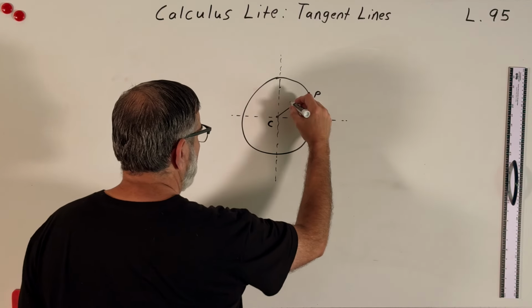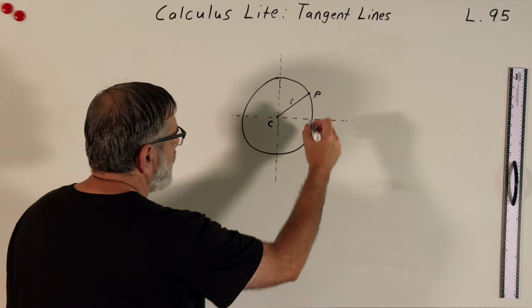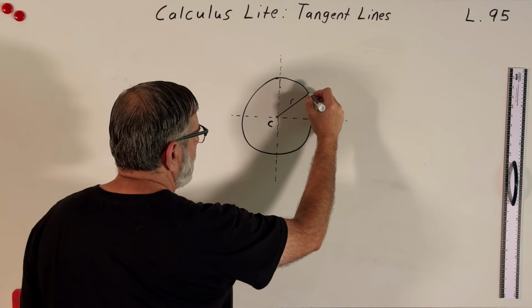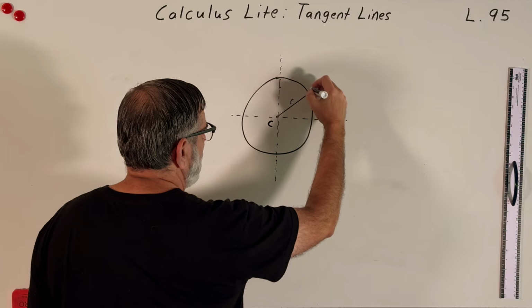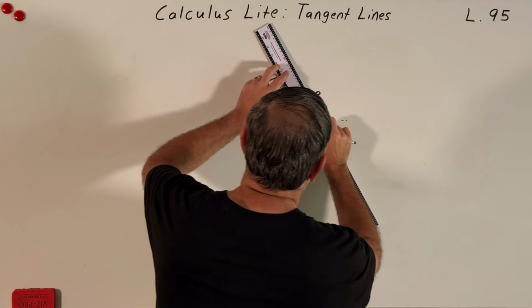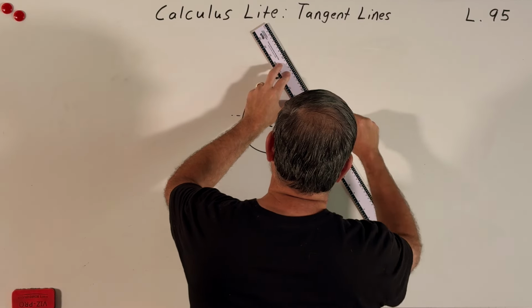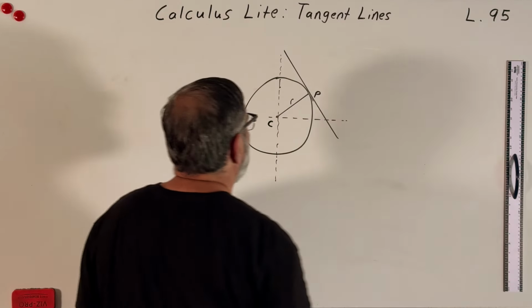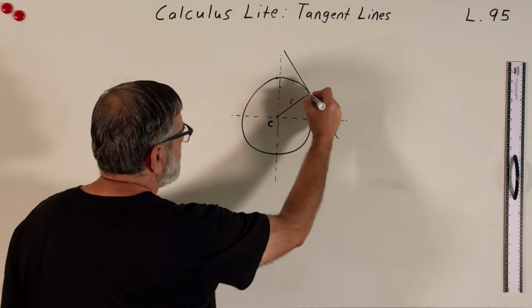Well, this line, R, is always perpendicular to the tangent line that we might construct, passing through this point. I guess I could use this again to make my tangent line. Now, technically it's supposed to be touching, but it's not quite. Okay, so this is the point P.